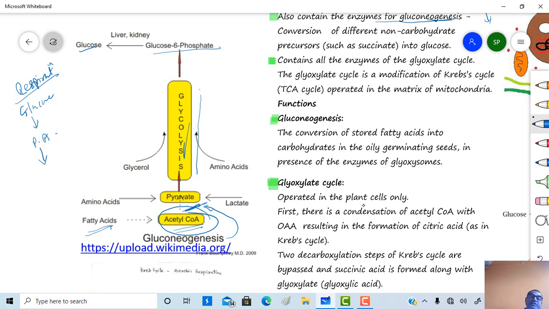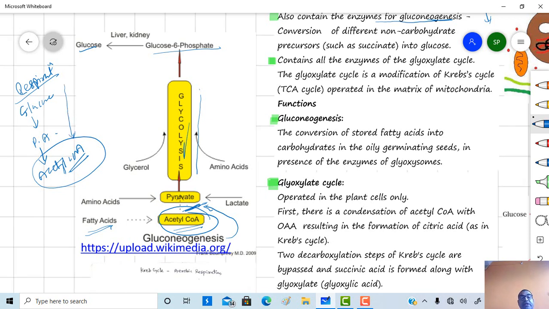These pyruvic acids are converted into acetyl coenzyme A and it enters the Krebs cycle. Here acetyl coenzyme A is produced from the glucose molecule.